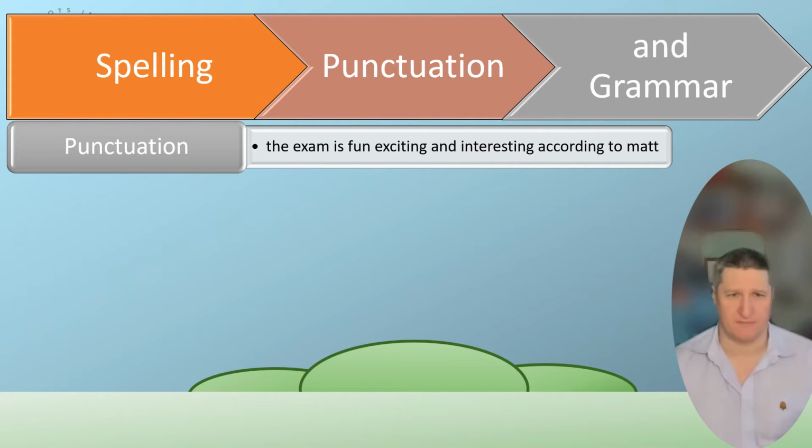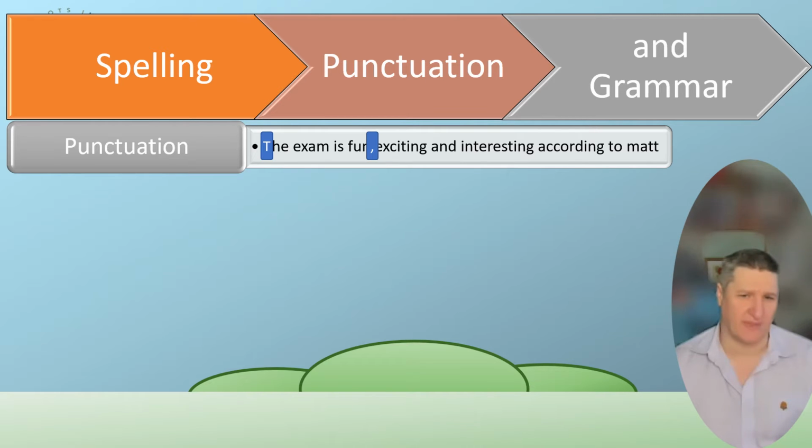For example, in the sentence, the exam is fun, exciting and interesting, according to Matt. You need a capital T for the, because a sentence always starts with a capital letter. Where you have a list of adjectives, or a list of anything, you separate the items with commas, except for the last one, before and.